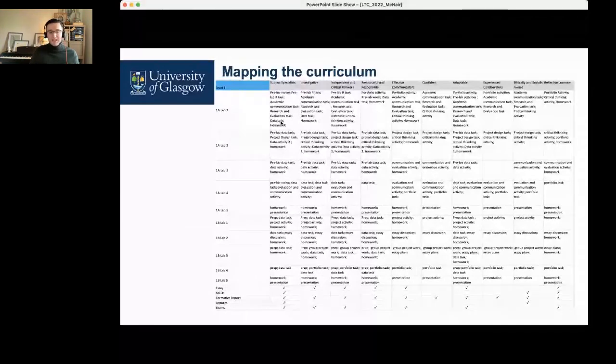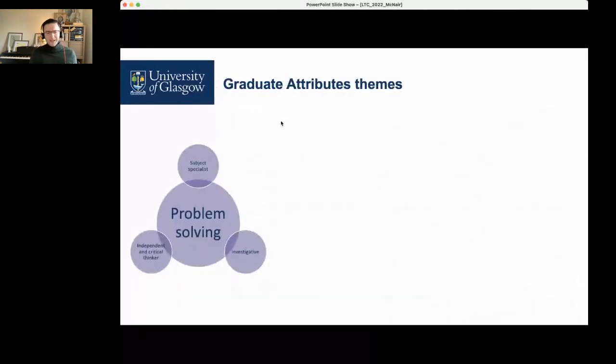We did the same for assessments, essays, MCQs, reports, and exams, and again looked at which attributes are most relevant to those assignments. That gives a lot of information, a long list of tasks and lots of attributes to talk about. So to make these more digestible to students, we divided them into 3 key themes.